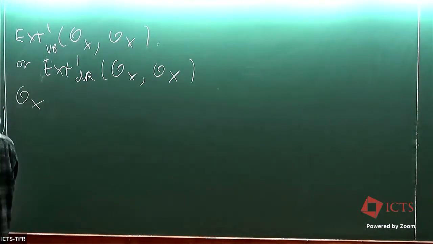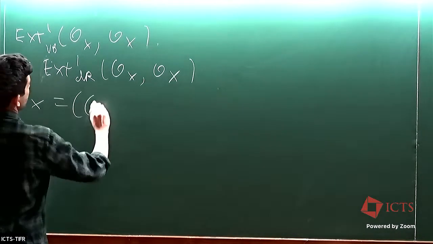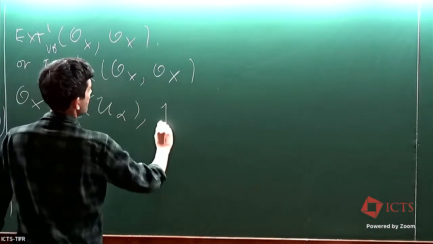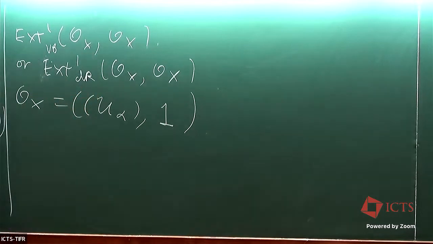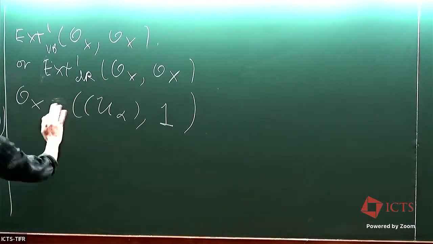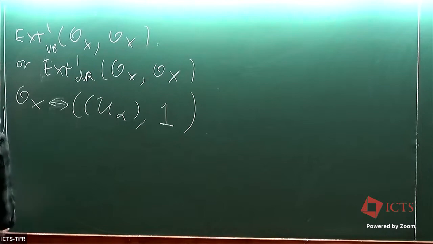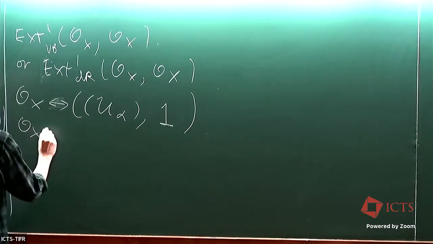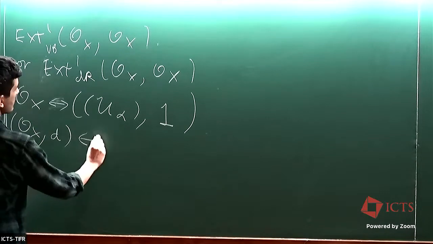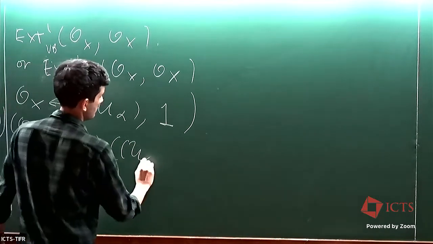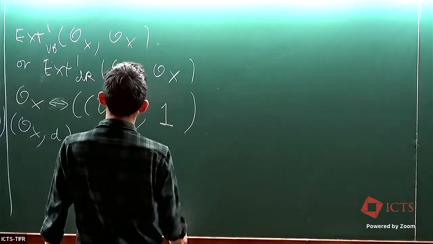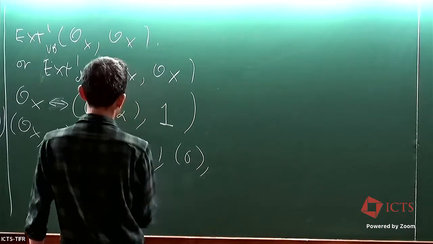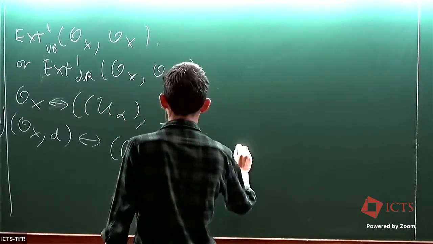In that case, we could just take U_alpha to be the whole of X, but that corresponds to this one. And the constant connection corresponds to this.